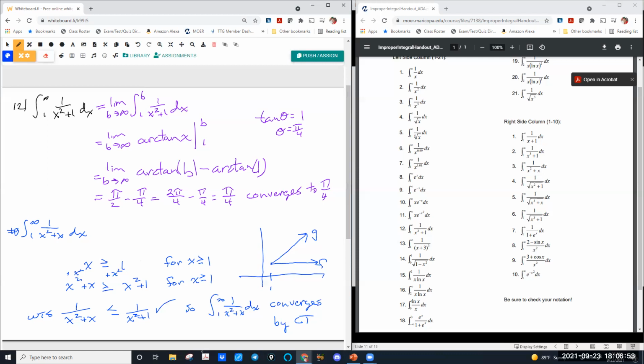And again, like we said, in the first part, we can show what it converges to. The second one, all we can say is that it converges. We'd have to use some other method, some numerical method, to see what it converges to. Okay, questions about either of these?